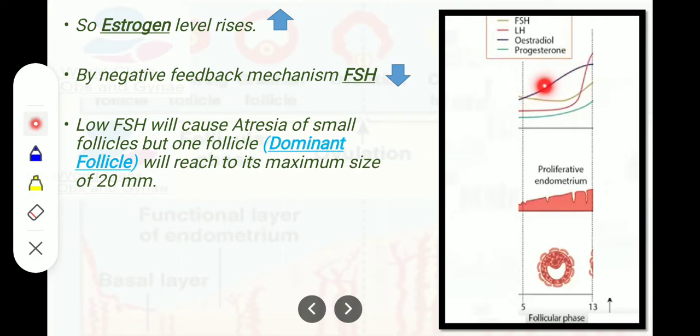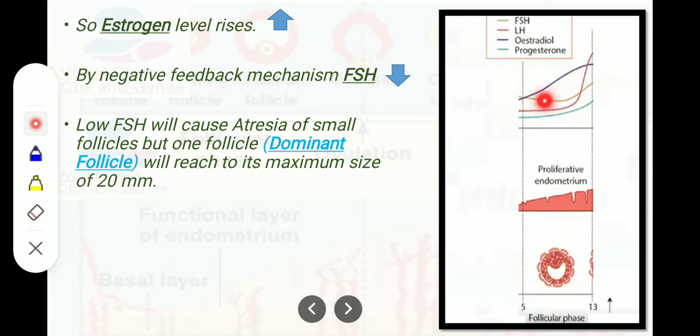And then by negative feedback mechanism, the estrogen level causes FSH to come down. You can see in the diagram that the yellow one is that of the FSH. So FSH is coming down as a result of rising estrogen.